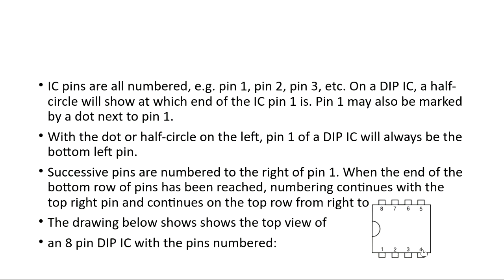From 4, the next number is 5. 5 will be the top right corner. So the top right corner will continue to 5, 6, 7, 8. So that's how all the ICs, any IC, any manufacturer, any brand, you will pick it up, it will follow the same number pattern.